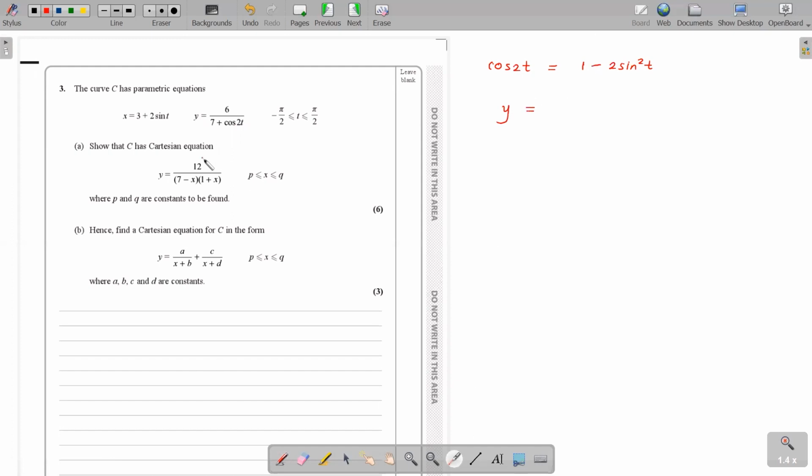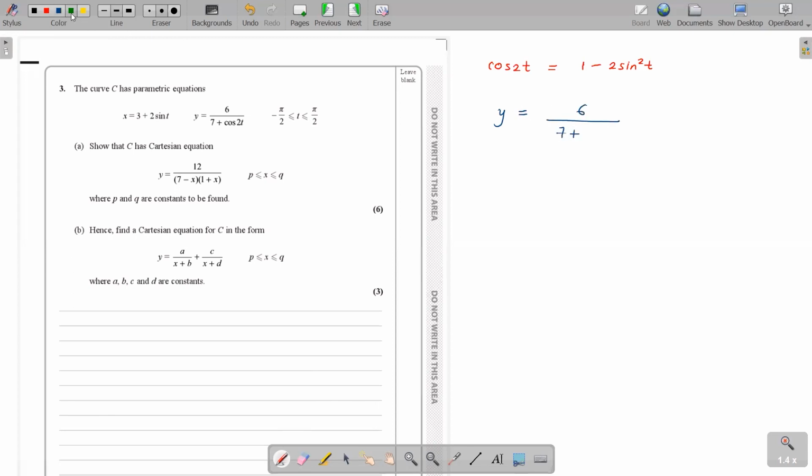You can see in your show that equation, y is already the subject, right? So should we change the order of this equation with y as the subject? No, leave it there. The best thing you can do here is make sure y is the subject at all times. So I get here y equals 6 over 7 plus cos 2t.